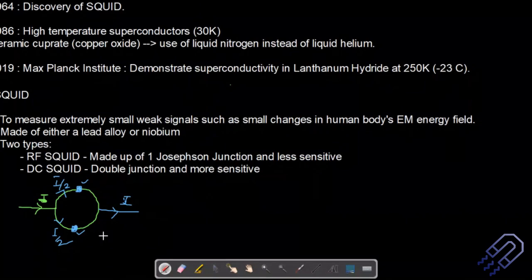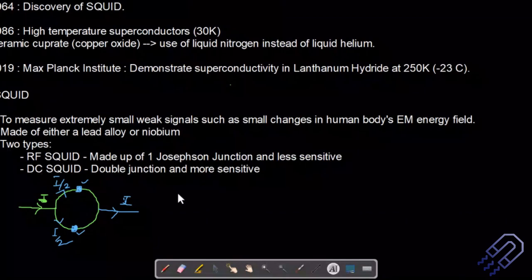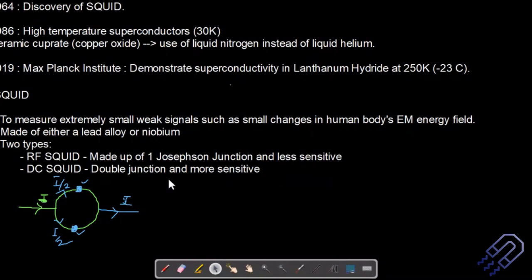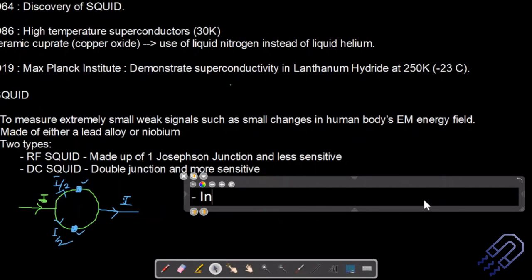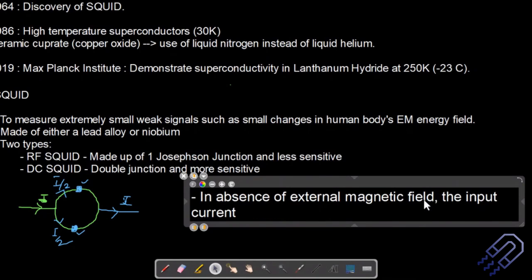Now if we apply a magnetic field, maybe I can write down this sentence here. In the absence of an external magnetic field, the input current splits into two branches.